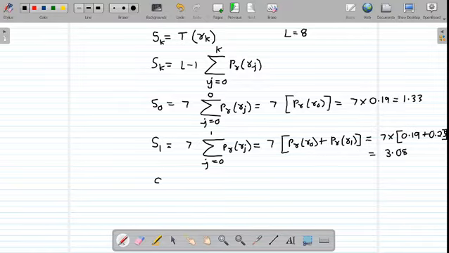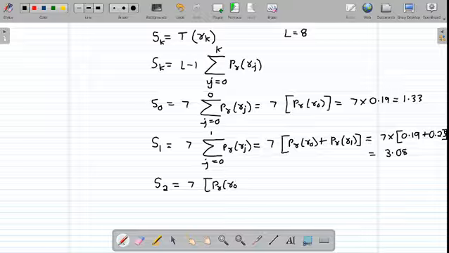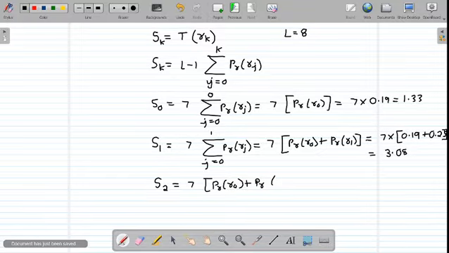Similarly, you need to calculate for S2. So S2 equals 7 into the summation from 0 to 2, that is 0, 1 and 2. So it would be PR of R0 plus PR of R1 plus PR of R2.